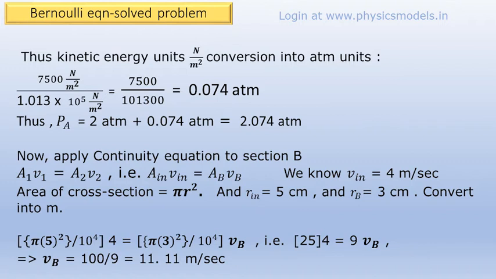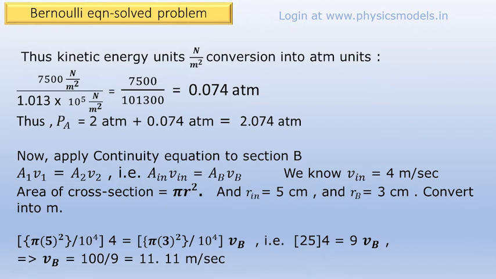We now convert 7,500 Newton per meter squared. We divide it by 1.013 into 10 to the power 5 Newton per meter squared, and we will get 0.074 atmospheres. We can now add this to the two atmospheres and we will get pressure at section A as 2.074 atmospheres.